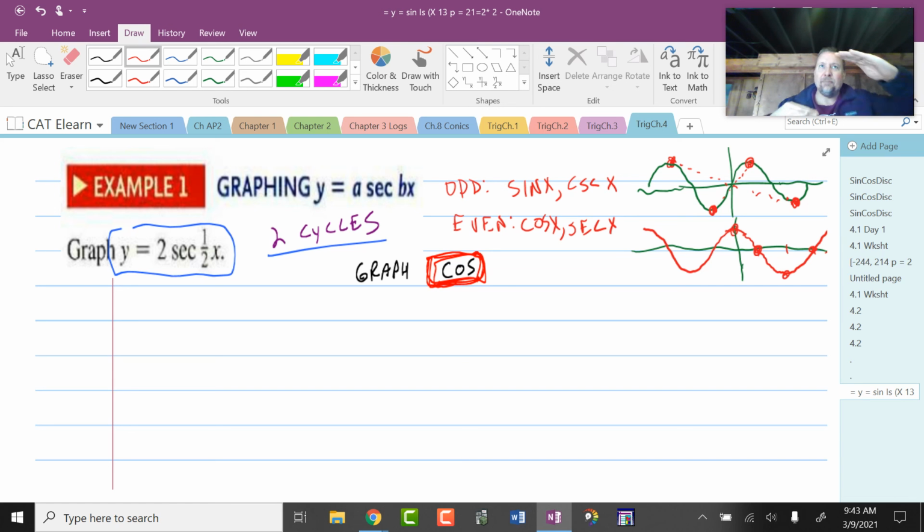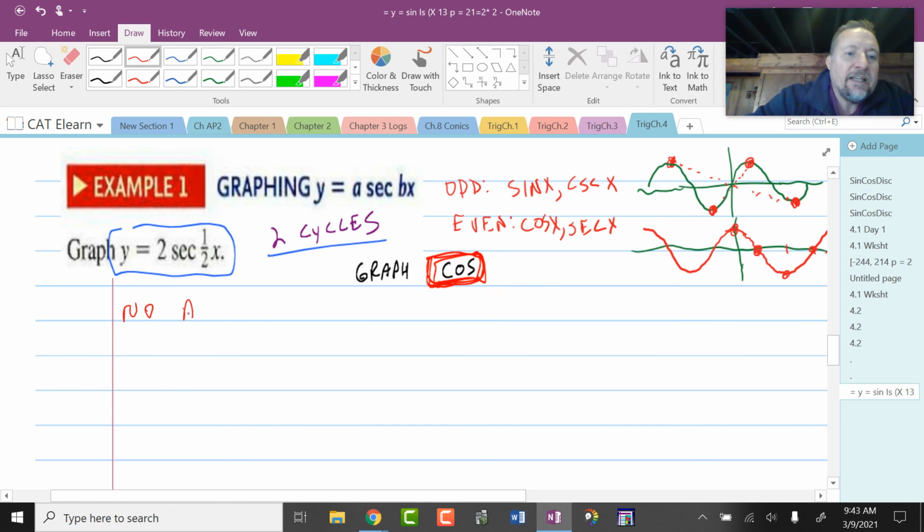That's the high and low points. There is no high-low point in secant and cosecant, and there is no high-low point in cotangent and tangent, which you'll find out. So there is no amplitude for secant and cosecant ever.